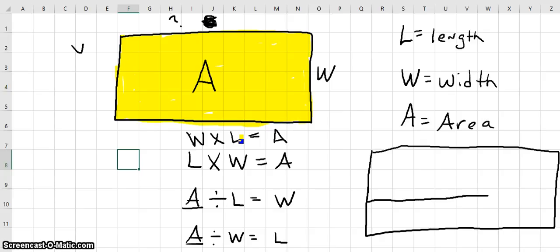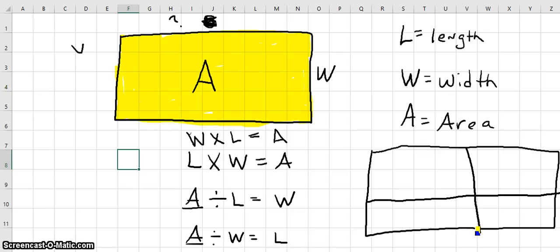We also know since the inside of it is the area, we can chop this rectangle up in different pieces. For instance, I can divide this rectangle and find the area of this piece, and it still would equal the whole amount. Or even chop it right down the side and have three different pieces.